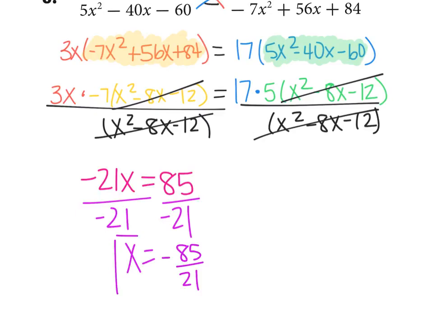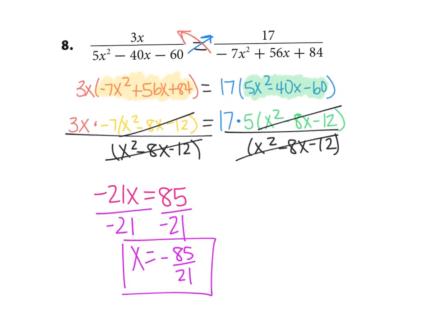So now I just need to go through and make sure that doesn't conflict with my excluded values. Where am I going to get my excluded values from? The denominator. Okay, which my denominator was these two. When we factored them, what happened?